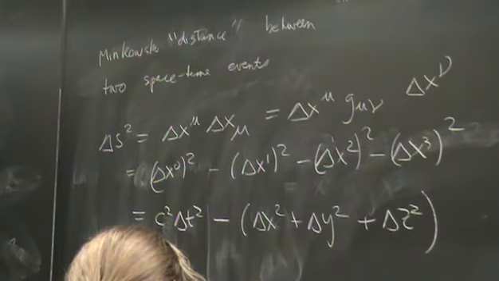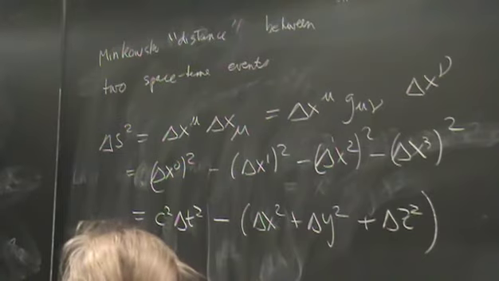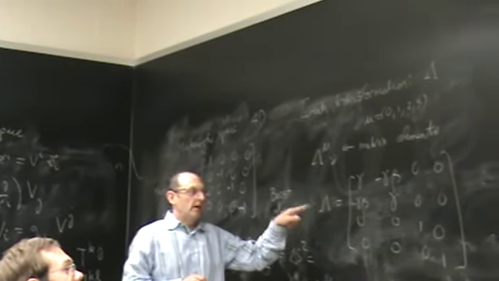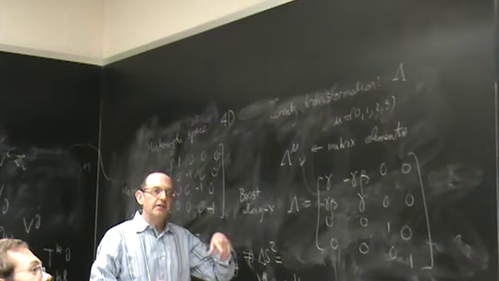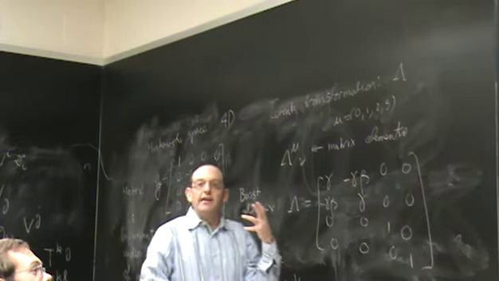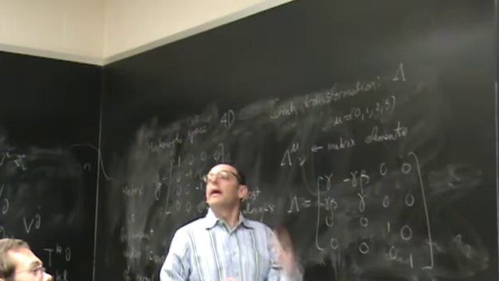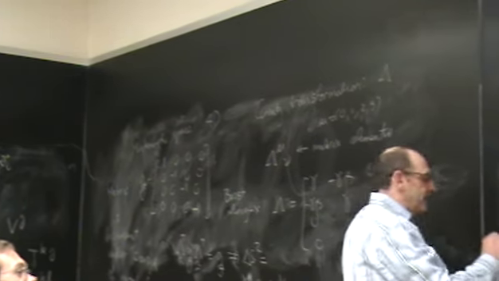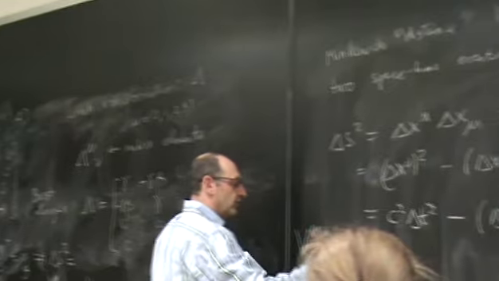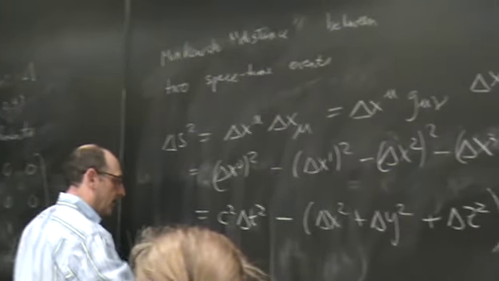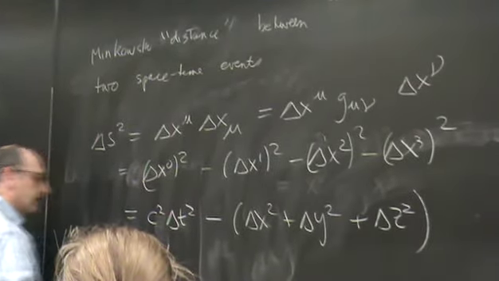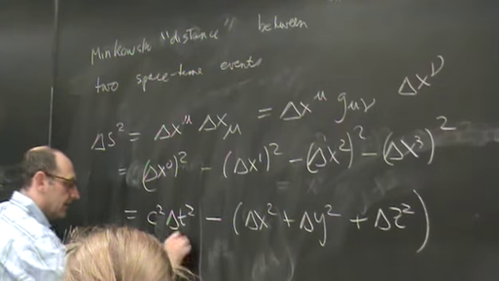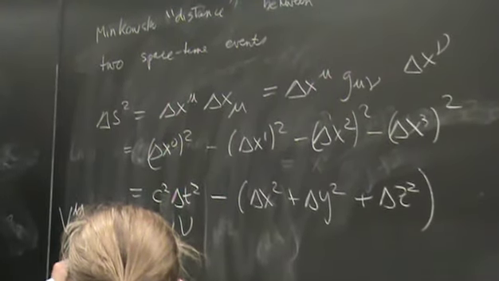Is that clear what I did? So this is the metric. This metric is invariant under a Lorentz transformation. And so this defines what we mean by Minkowski space. Moreover, any vector which transforms according to this is a 4-vector.